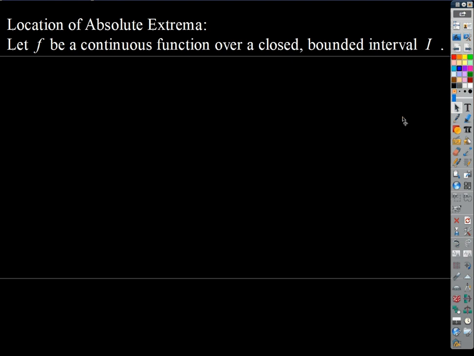So I've got an interval from A to B, including the endpoints. The highest and lowest points on the function would have to occur at what possible places? In between A and B. Sure, but if we want to be more specific, what are the only places where the function could have its highest or lowest value on a closed interval?